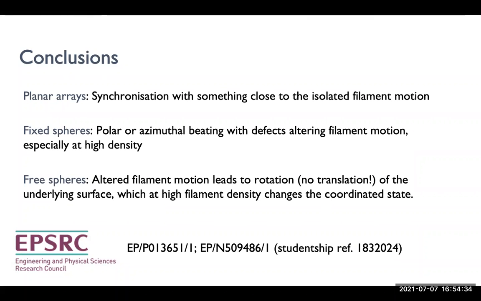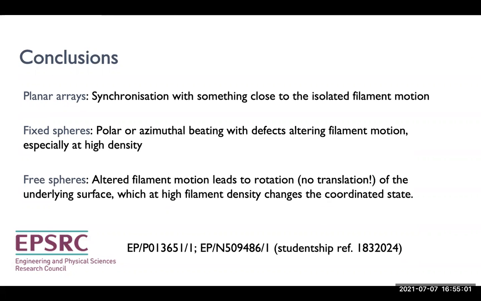If you put these on a fixed sphere, you could get either polar or azimuthal beating, which is akin to the grid beating or diagonal beating that you see in the planar cases. But because you're on a sphere, you have the formation of defects, and these defects will alter your filament motion.